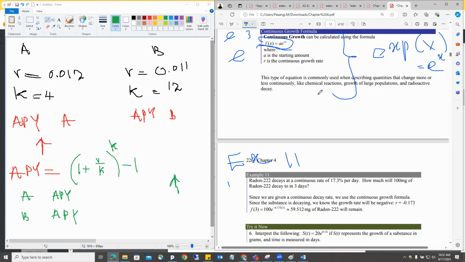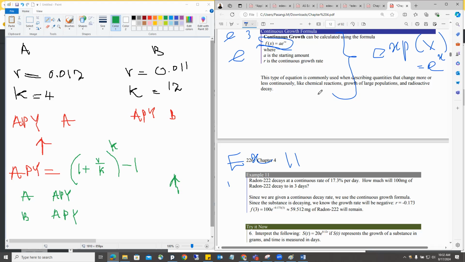So when do you use this formula? The A e. According to this given equation, how much will 100 grams of radon decay? So the value A is 100.